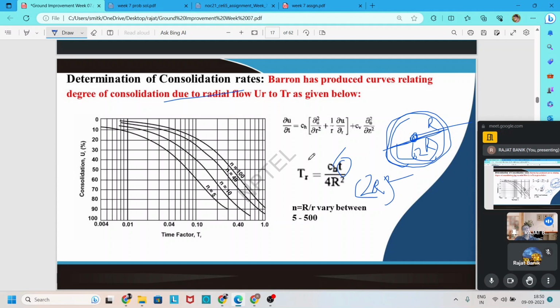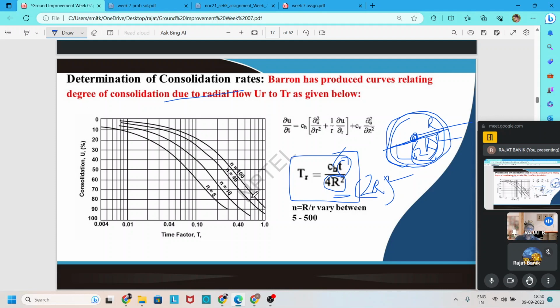For the time factor calculation we use the square of the drainage path. If we square this diameter, we get 4R square. In this way, we can find the time factor for radial drainage.